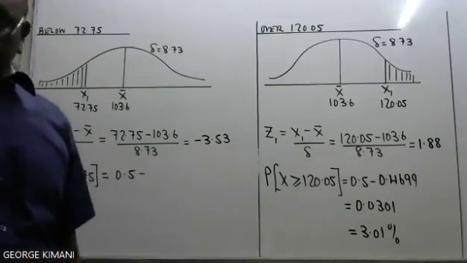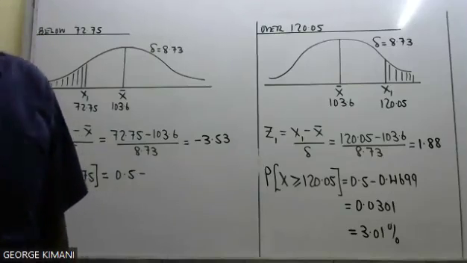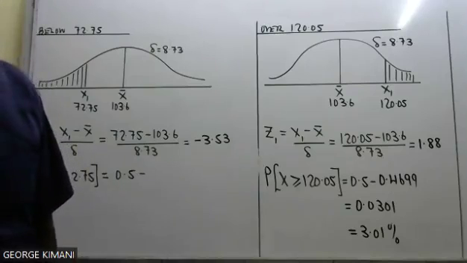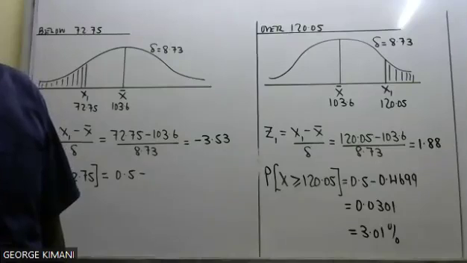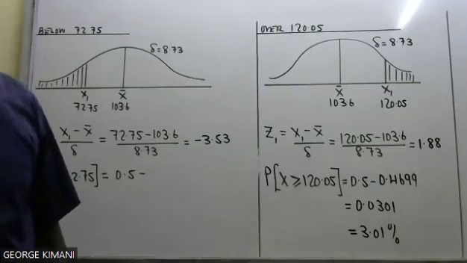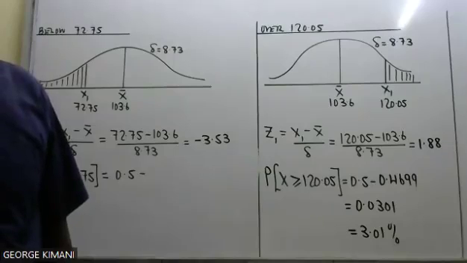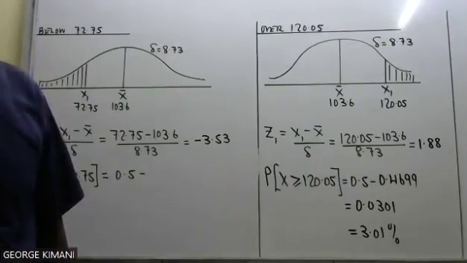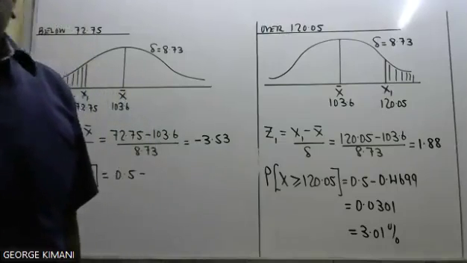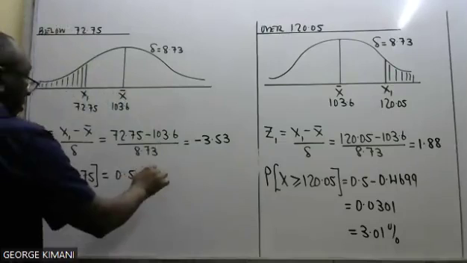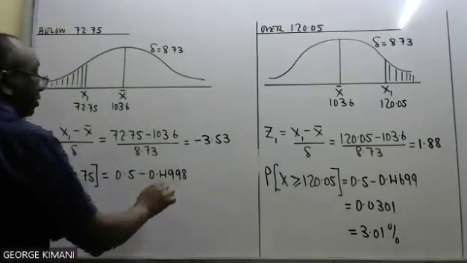Give me the value that you have obtained from the tables. Yeah, 0.4998.